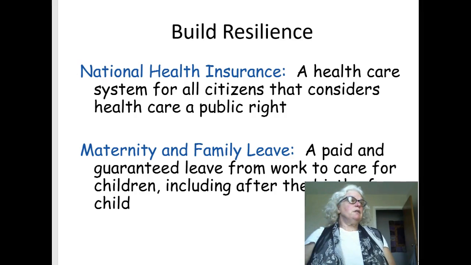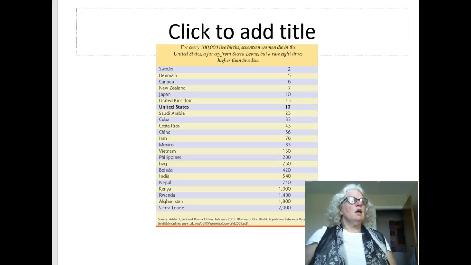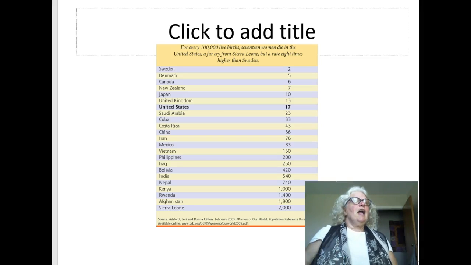So looking at some of the differences in these healthcare systems or in the welfare systems, it's important to look at what's different. So for every 100 live births, 17 women die in the United States. Look at the general population.